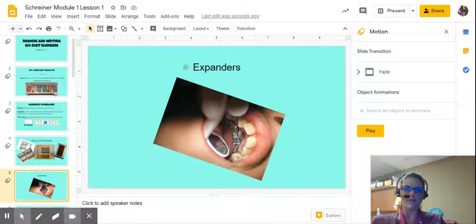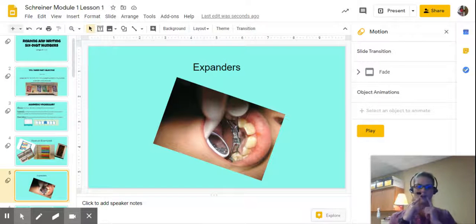How many of you guys know what an expander is? How many of you guys have ever had braces, or had a sibling or somebody get braces and they've had to get expanders put in their mouth because their mouth is not big enough? So they have to take their teeth and move them apart to expand them so that there's more room.